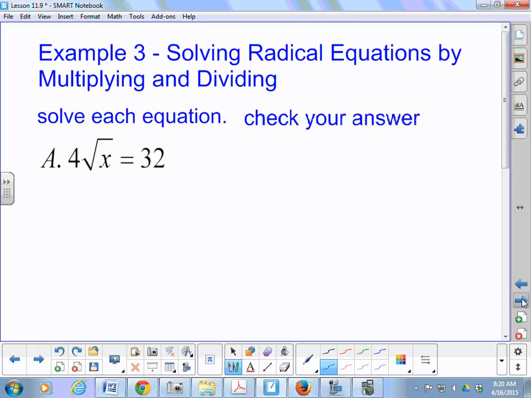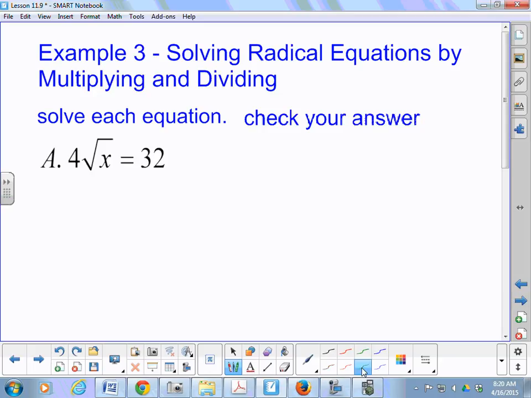How about if we have to multiply and divide? Remember, we have to isolate the radical. What do we do first then?